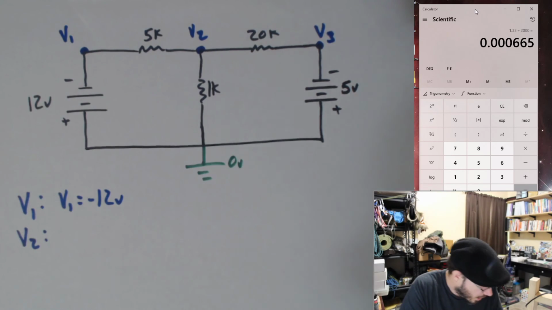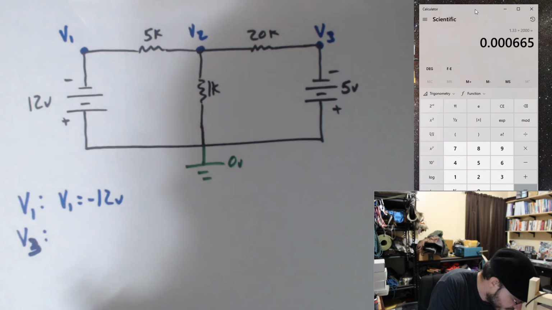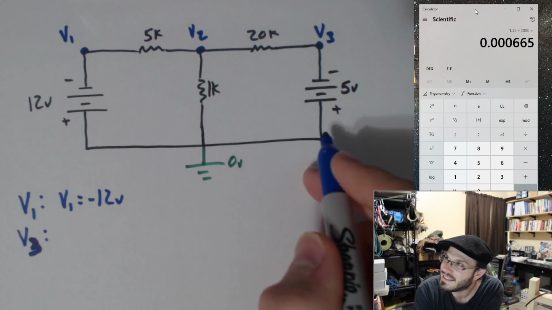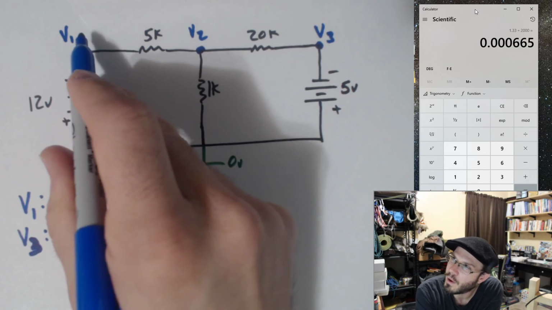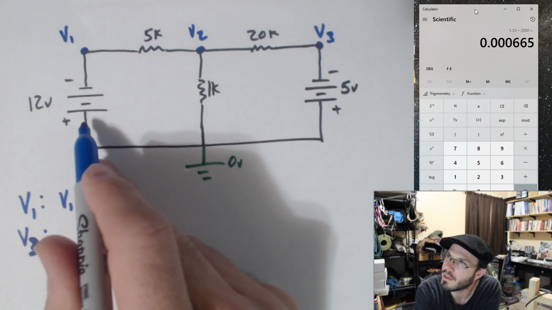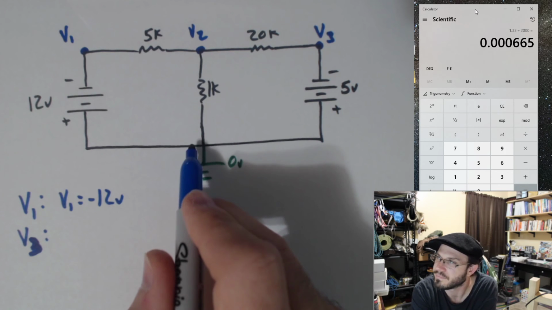V2. Sorry, I meant V3. That is an ugly 3, but we'll roll with it. Okay, so again, the same thing as what we did over here. V1 is minus 12 because this point in the circuit is 12 volts lower than this point, and I called it 0 volts.